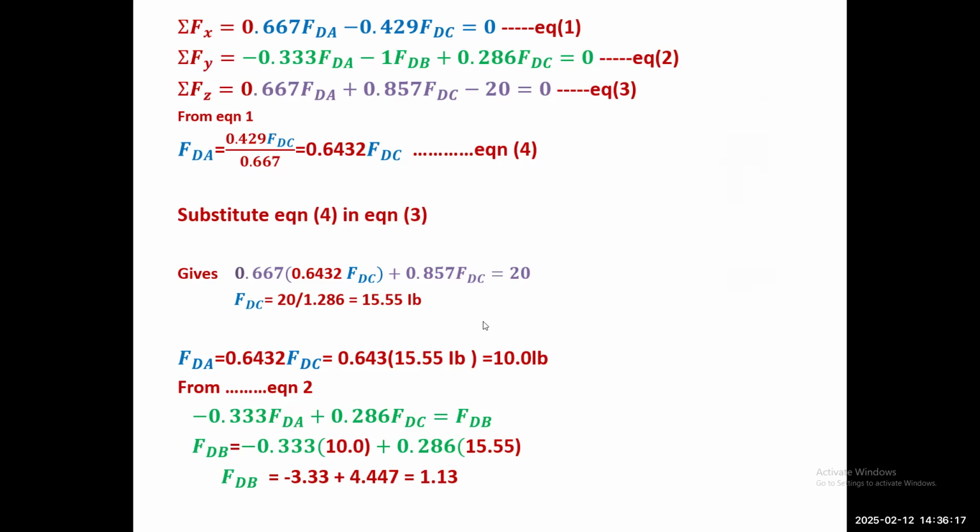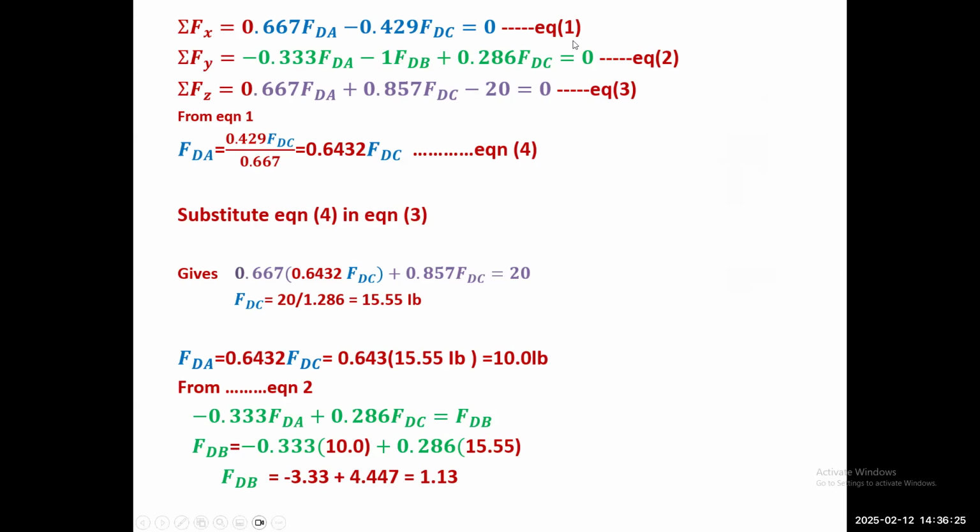So what you do here for this equation, you simply, everybody can see for the very first equation, all I've done here is transpose for FDA, and so you get equation 4 from the first equation. And after you've done that, you take FDA and you put it in the third equation. See it here?